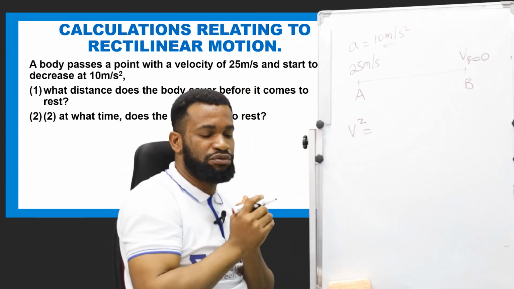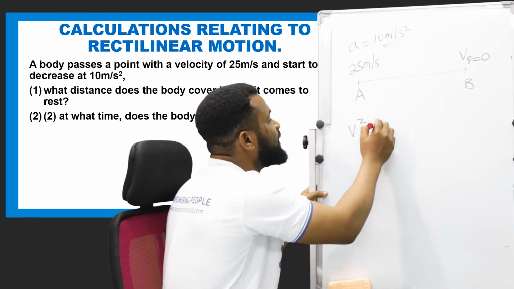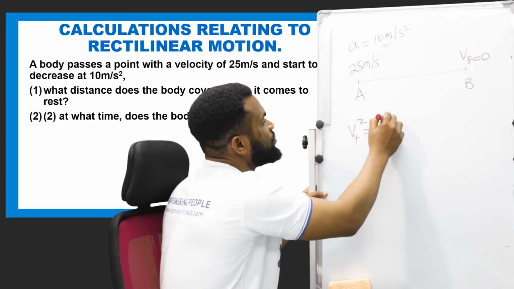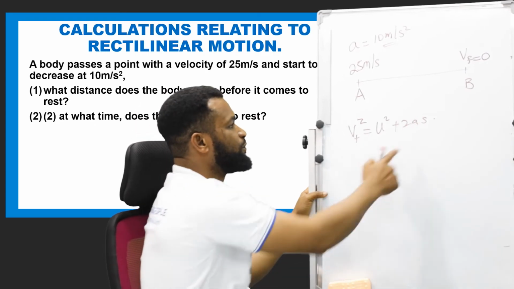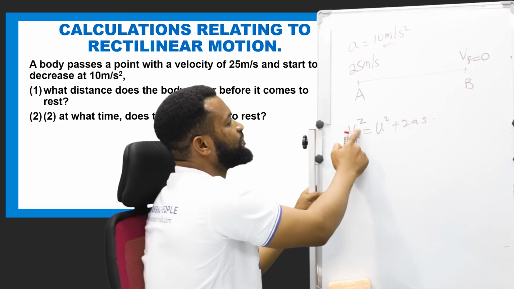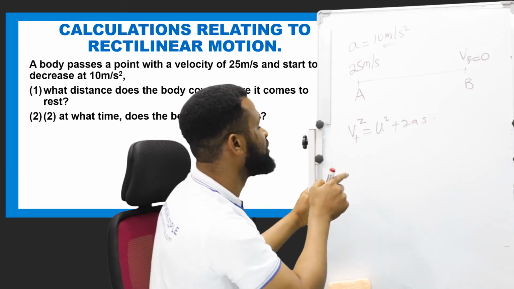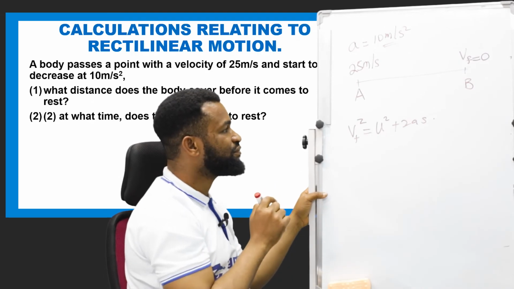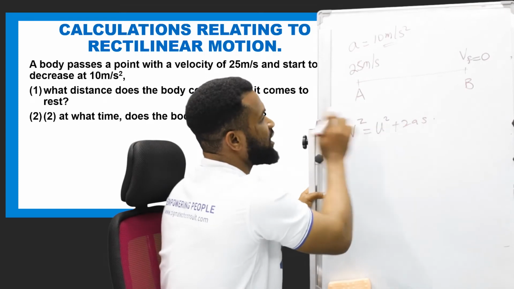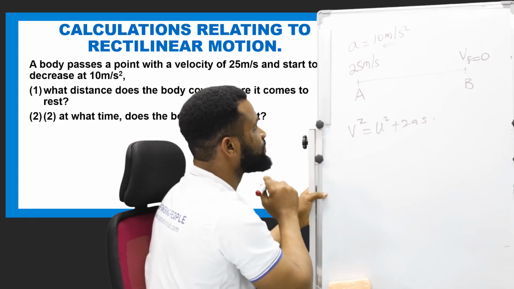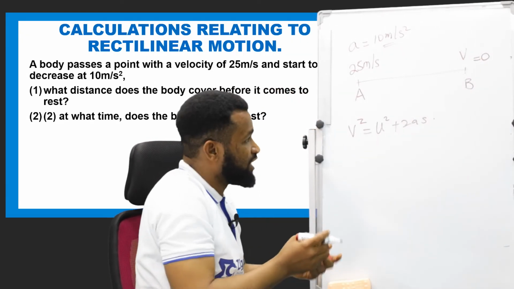Remember, we have found an equation of motion when we were proving it, where we said that VF squared is equal to U squared plus 2AS. All right? I'm looking for distance. I'm going to use this place as my final and this place as my 0, because it's about calculation.